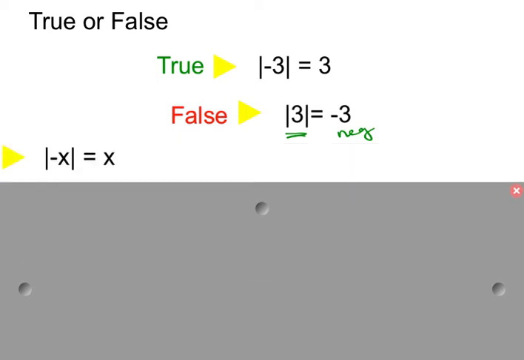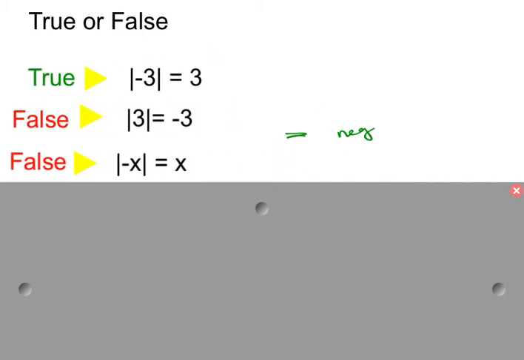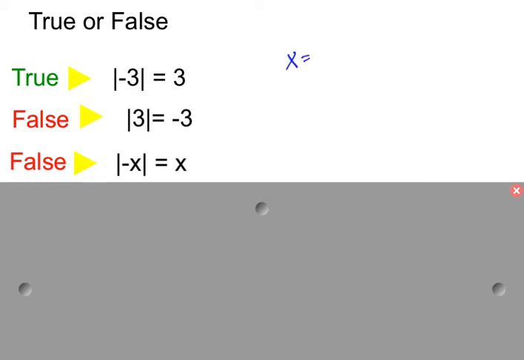Okay, the absolute value of the opposite of x equals x is sometimes true, but since it's sometimes false, we have to overall say false. And the reason we're going to go with false here, let me just demonstrate real quick. If, for example, x equals 3, well then this would be the absolute value of negative 3 equals 3, which we already know is correct.